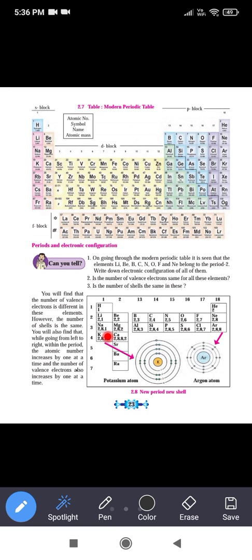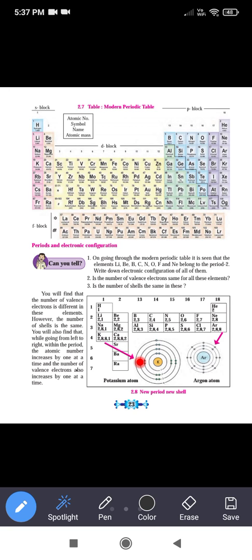So here we are seeing that all elements in the same period have the same number of shells. Sodium has 3 shells, magnesium also has 3 shells, aluminium, silicon, phosphorus, sulfur, chlorine and argon all have 3 shells in their atomic structures.